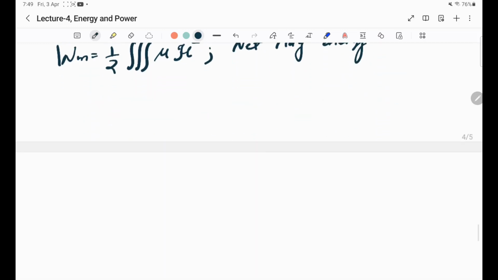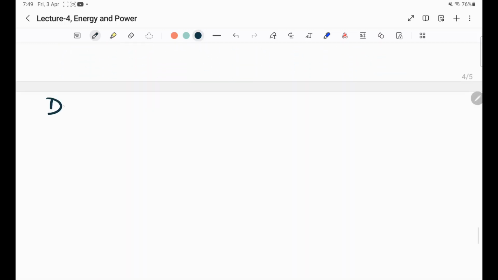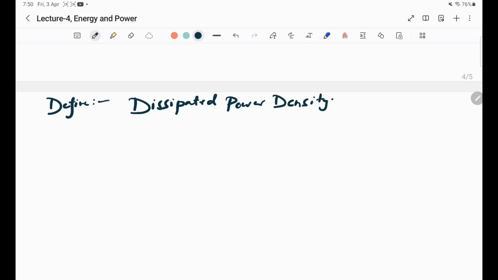Next we will define one more term, which is the dissipated power density. This is also a density term, and we define it as small pd, which is nothing but sigma E squared.